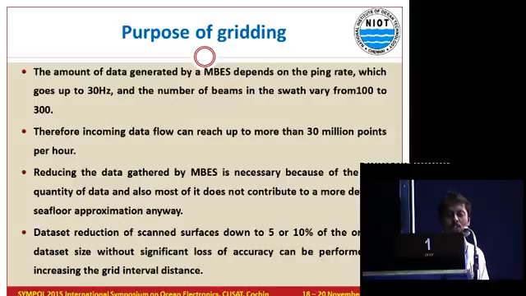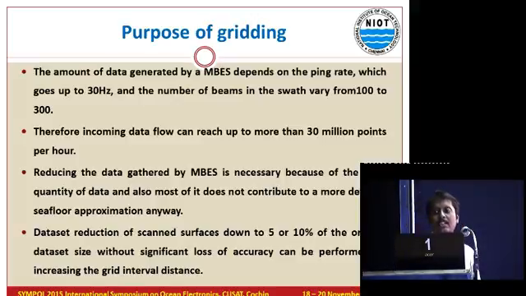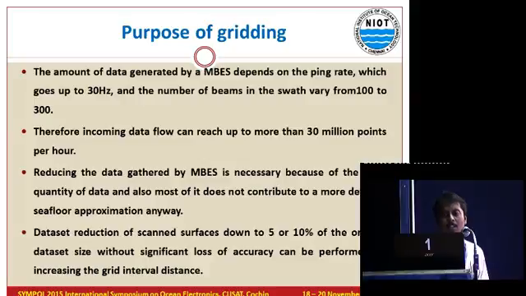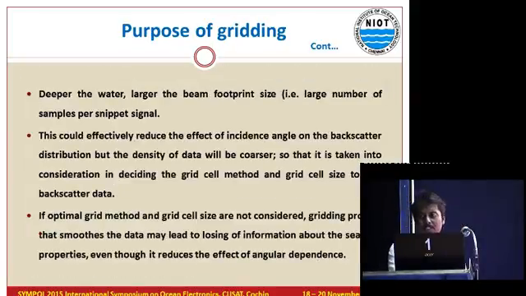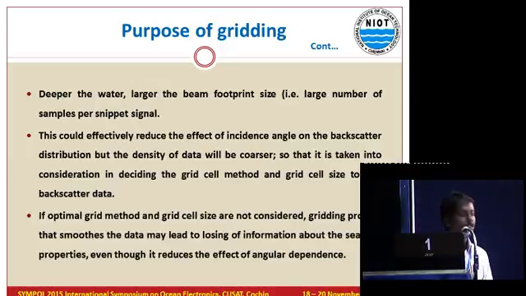Because of the large data, and most of the data contributes only to more detailed approximation, data collection scans down to 5% of the original data size. Significant loss of accuracy can be avoided, which is done by increasing the grid interval distance. This could effectively reduce the incidence angle effect on the distribution.